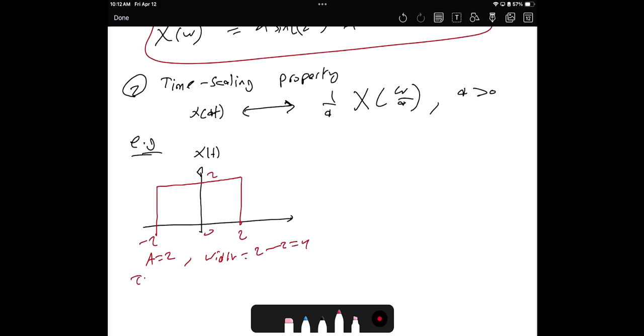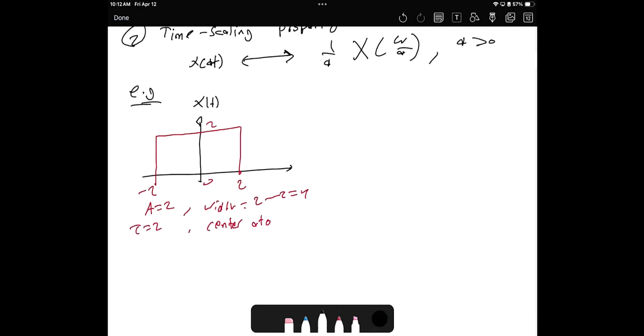Then here tau is 4. What else can we conclude? It is centered at 0. So we can say x of t equals 2 rect of t minus 0, which is t over the width, 4. Okay? That's x of t.